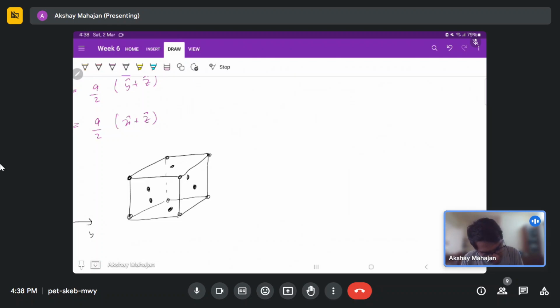Let's say you start with this one. Then the a1, a2, a3 vectors that are given to you will be along these directions. So one neighbor will be along the a1 vector, this face-centered neighbor, and others will be in these directions.